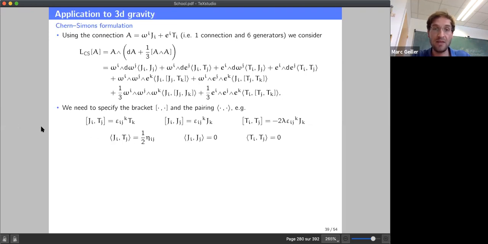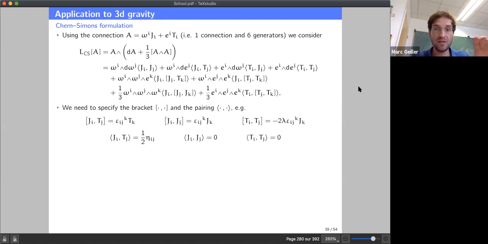For the bracket, we can simply take the bracket which we already derived earlier, the bracket of the algebra of isometries, the commutation relations between the generators T and J. In the flat case, for example, this is just the 2+1 dimensional Poincaré algebra. Then for the pairing, you can choose a pairing of the generators J and T which pairs J with T, giving a factor of 1/2 for convenience and the internal metric eta_ij, and the other 2 pairings are vanishing.